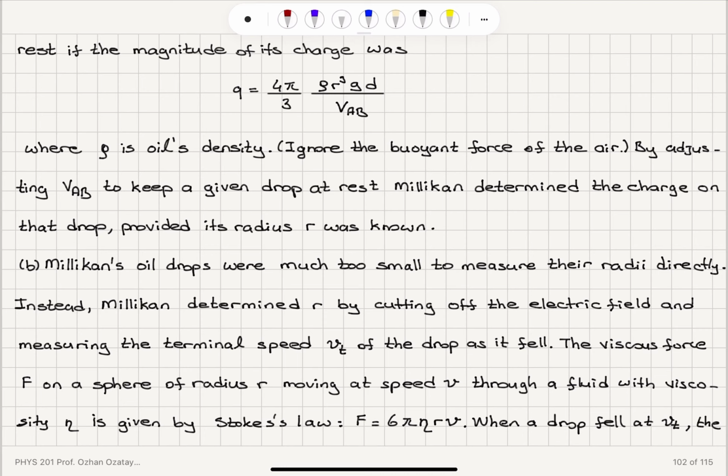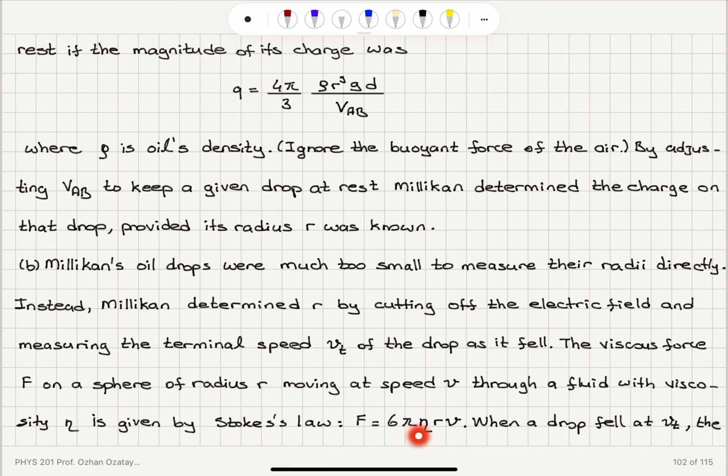Now part B. Millikan's oil drops were much too small to measure their radii directly. Instead, Millikan determined r by cutting off the electric field and measuring the terminal speed Vt of the drop as it fell. The viscous force F on a sphere of radius r moving at speed v through a fluid with viscosity eta is given by Stokes' law.